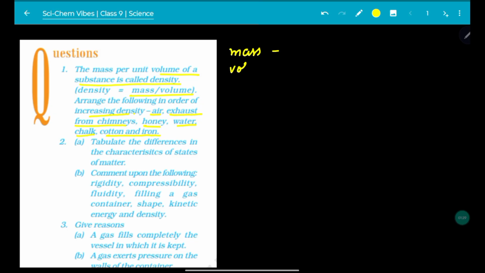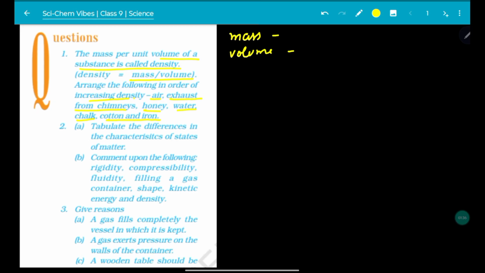And volume means how much space an object occupies. So density tells us how heavy or light something is for its size.